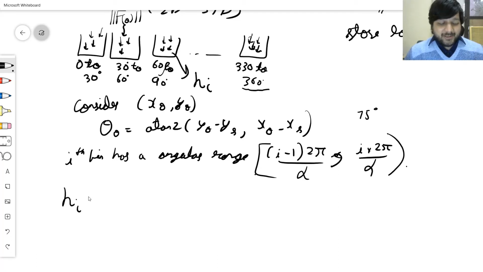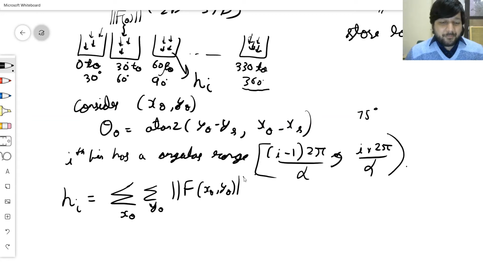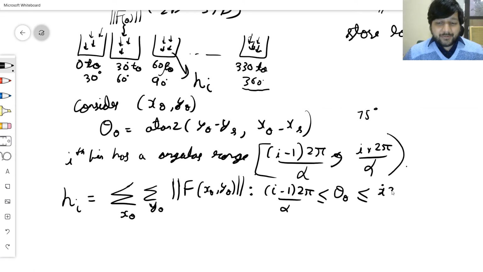H_i, all the things which get inside the ith bin, is given by a summation over all x_o, a summation over all y_o, of F_o(x_o, y_o), such that the angular range is satisfied: (i minus 1) times 2 pi by alpha is less than or equal to theta_o is less than or equal to i times 2 pi by alpha.